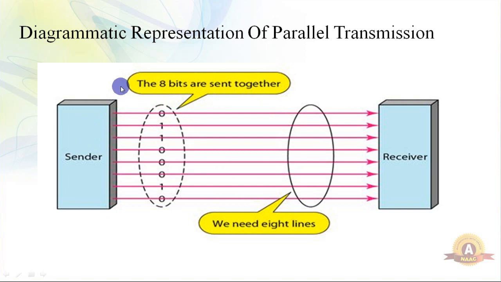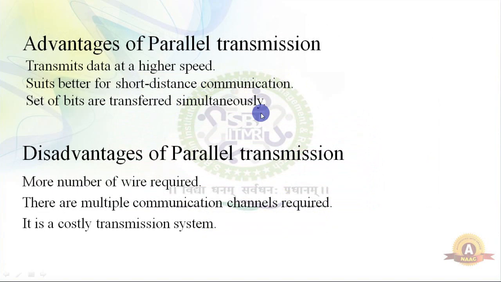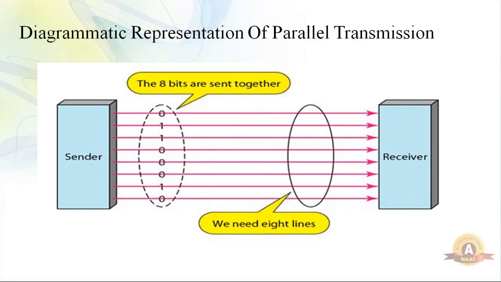Nowadays we have 32-bit or 64-bit processors, which can send 32 or 64 bits at a time from sender to receiver. The sender and receiver are situated at a very short distance. With the help of parallel transmission, we can transfer the data parallelly to the receiver.